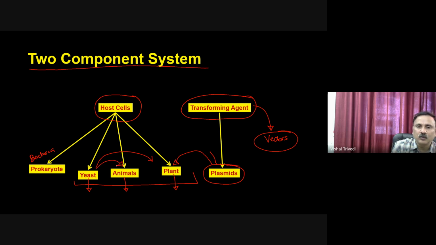Because that will not grow, because these transforming agents have certain requirements which can only be met in their compatible host system. So transforming agents and the host are supposed to be compatible with each other.